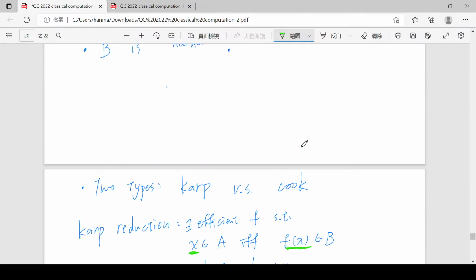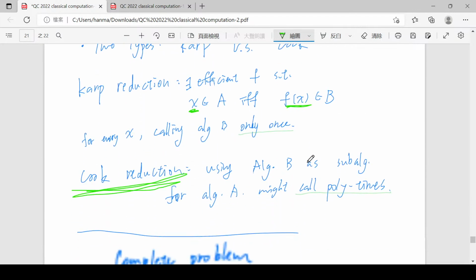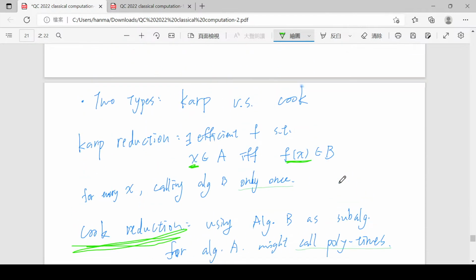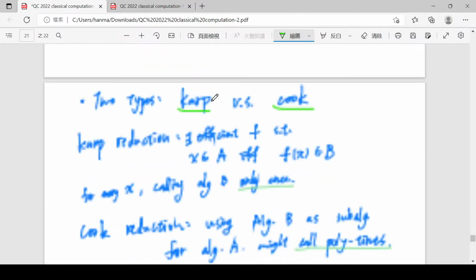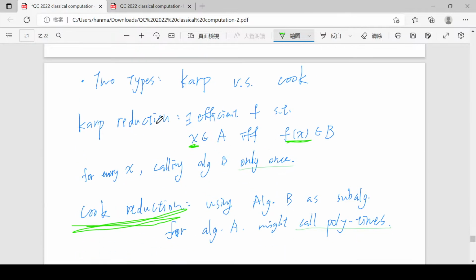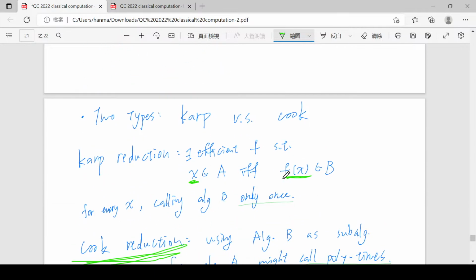So it means that when you call this algorithm for B, then you can do it smarter. You can call an algorithm for B many times here, and even on different inputs. So you see that for this Karp reduction, you only need to call this algorithm for B once. You only need to compute this f of x.